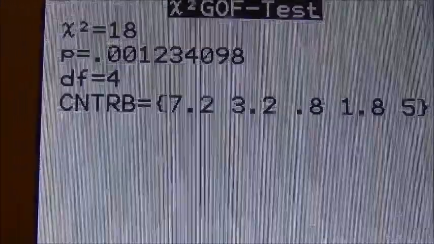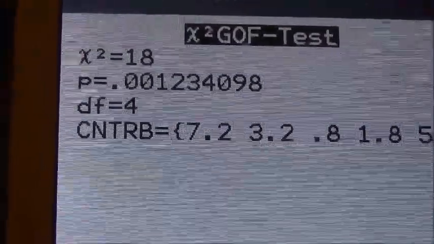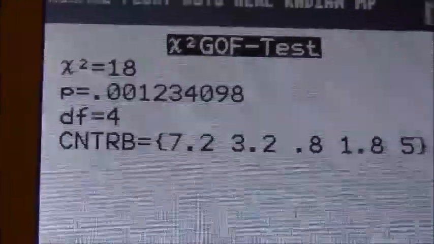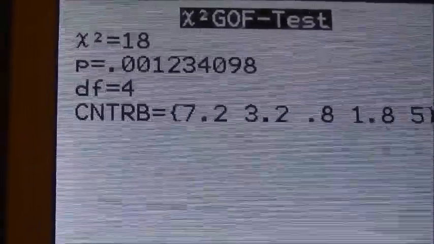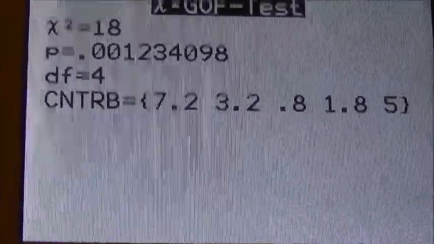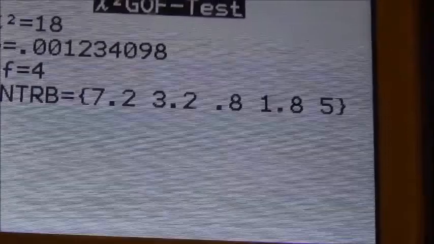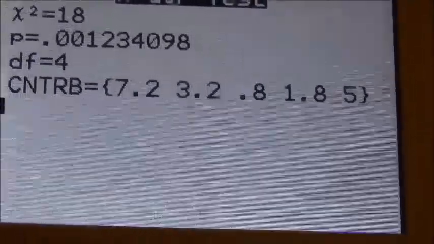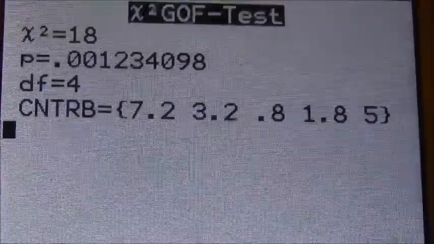It also gives you your p-value. I'm going to go to 4 decimal places: p is 0.0012. We put the degrees of freedom, which is 4, and that bottom row happens to be the row of the table that we're going to use when we do it on Alex. I'll point that out again when we get to an Alex problem.